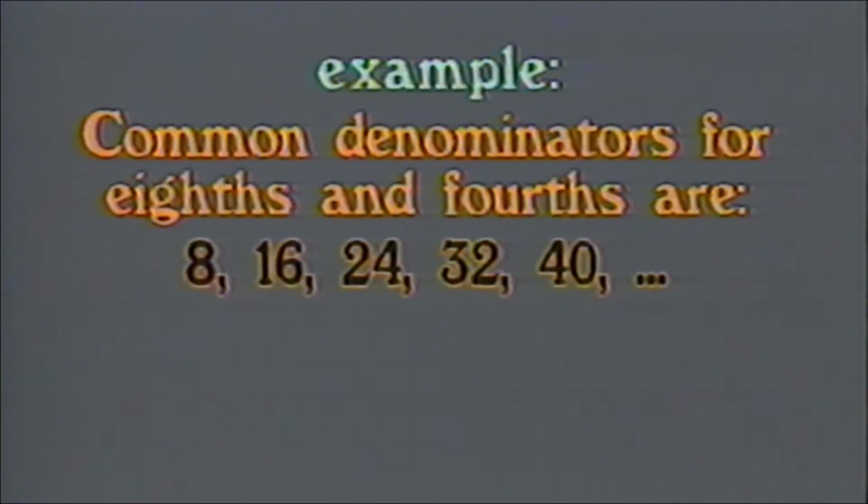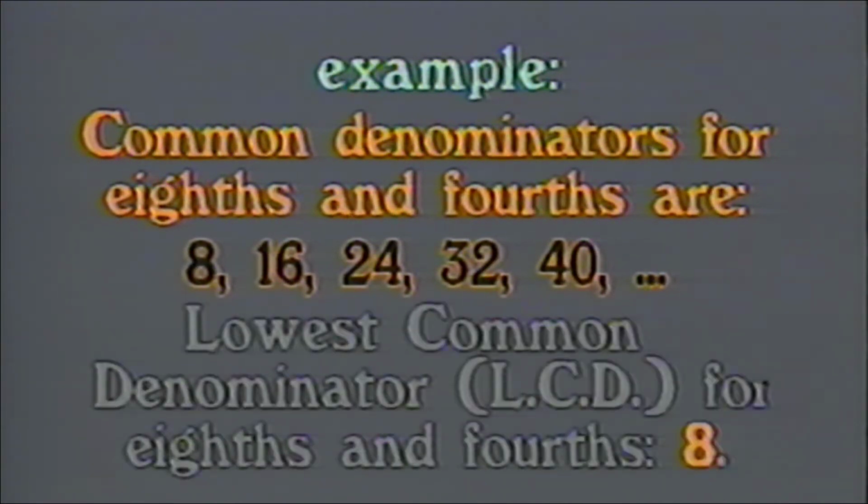For this problem, we could have used any number divisible by 8 and 4 as the common denominator. Instead of 8, we could have used 16, 24, 32, 40, etc. But 8 was the lowest number that worked. Using the lowest common denominator, 8, made the problem a lot easier.